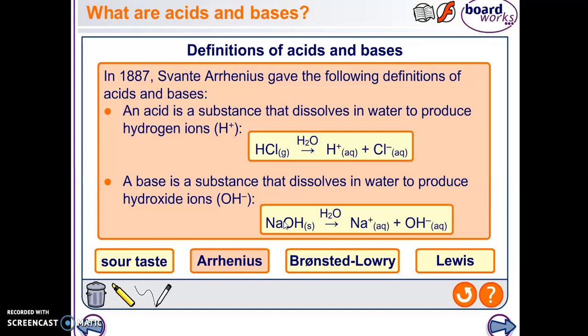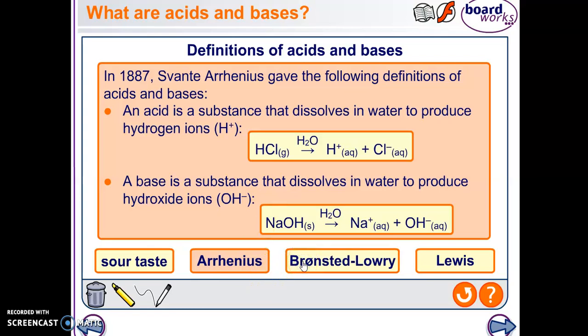Aluminum hydroxide will produce one Al3 plus positive ion and 3 OH minus ions. So if you see here, a base is a substance which on dissolving in water produces a common species, that is the hydroxide ion. So all bases contain these OH minus ions.